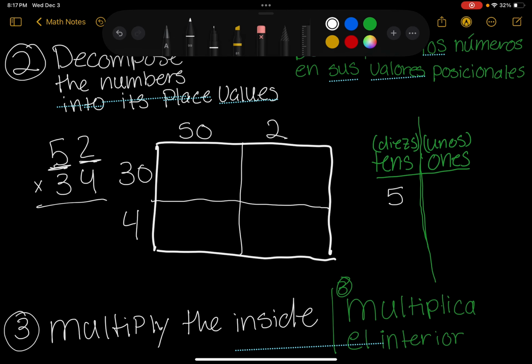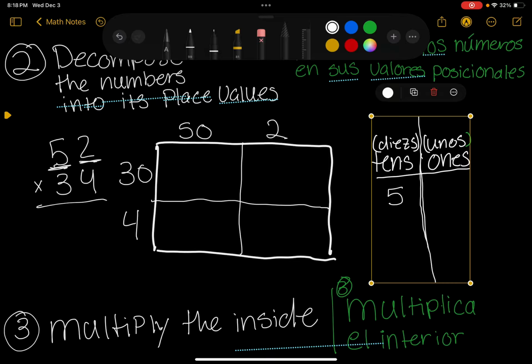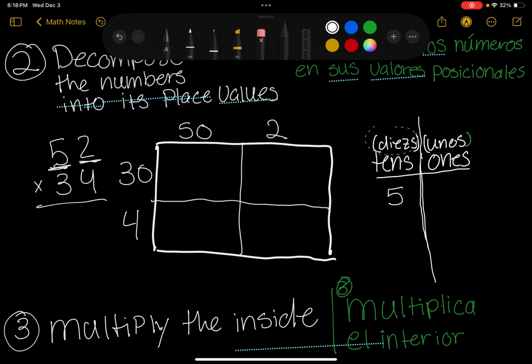I'm going to fix this, and make this green just to make it easier to differentiate.